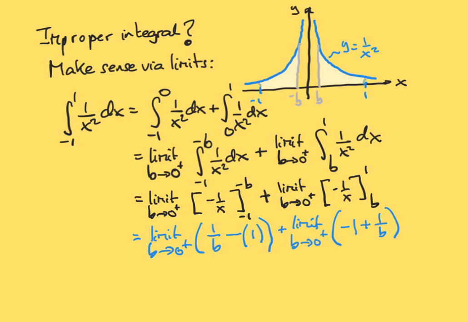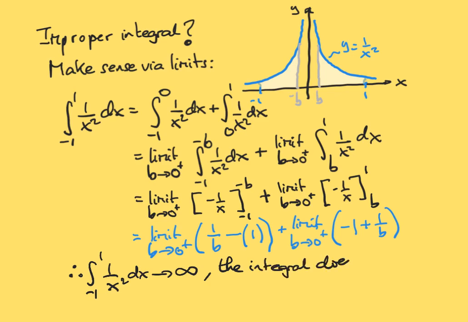So what we see is that our integral from minus 1 to 1 of 1 over x squared with respect to x is going to diverge. And we say that the integral does not exist. There is no finite value for this integral.